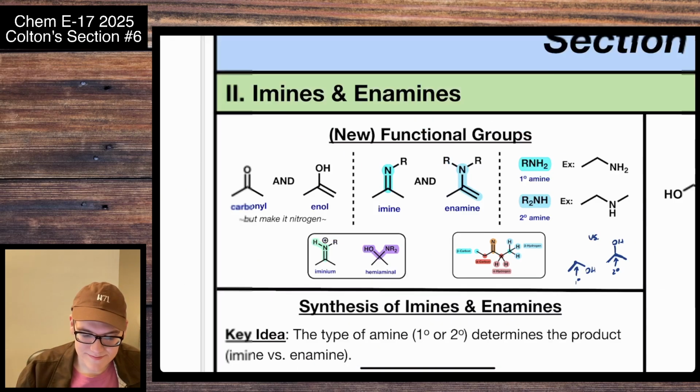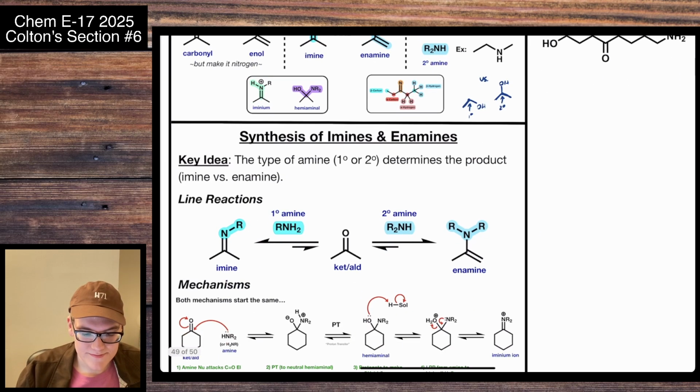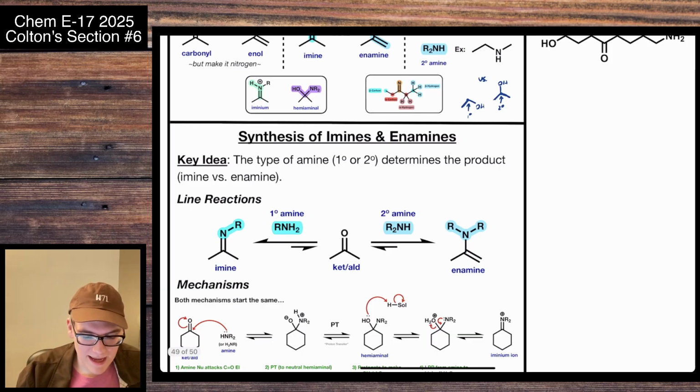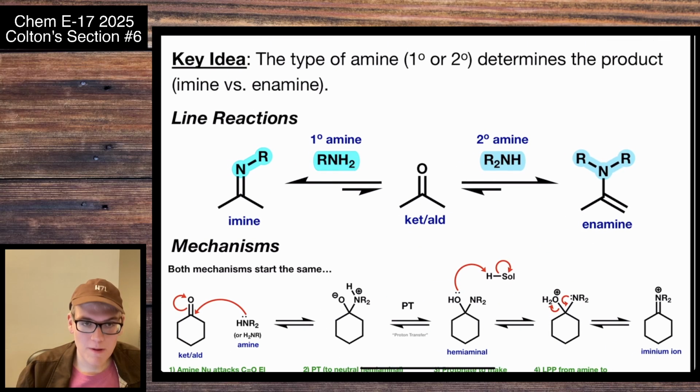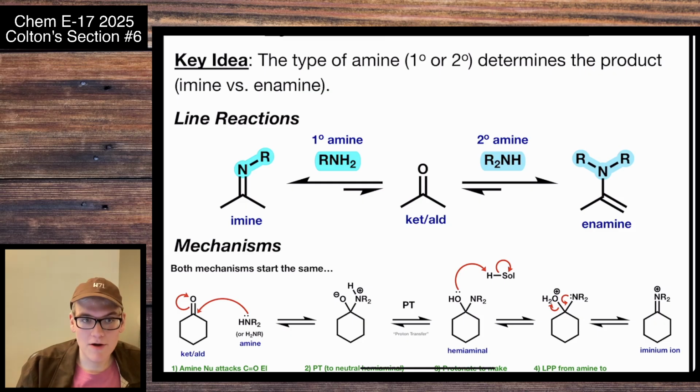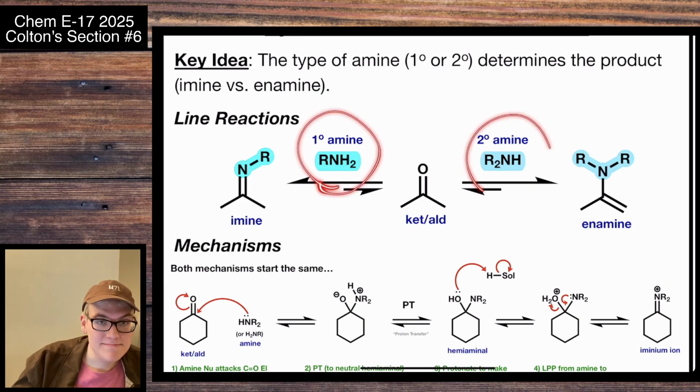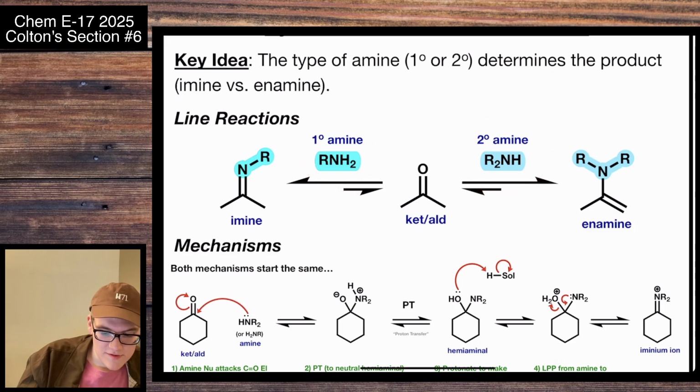So, when we are forming imines and enamines, the setup is really similar to alcohols and forming acetals. When we formed an acetal, we used an alcohol and we used acid. Here, when we are forming imines and enamines, we are going to use our amine, and then we are also going to use a pH of about 5.